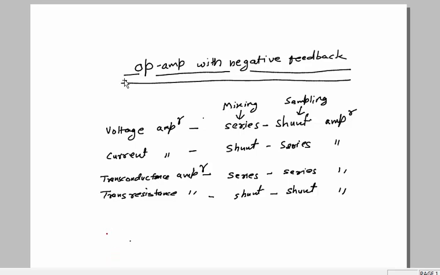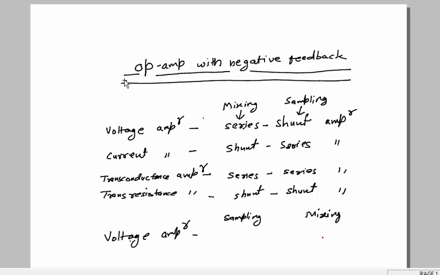Like for a voltage amplifier, here we are going to write sampling first and mixing next. This is the major point of confusion. Most of the students get confused by this.